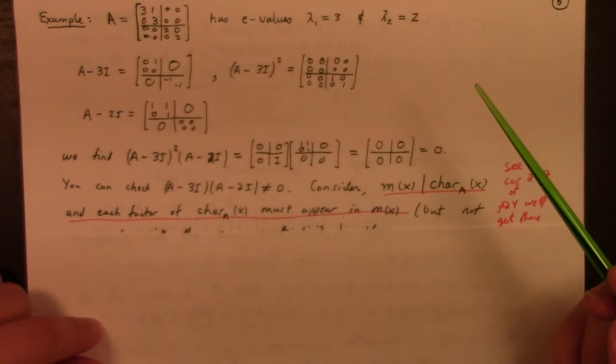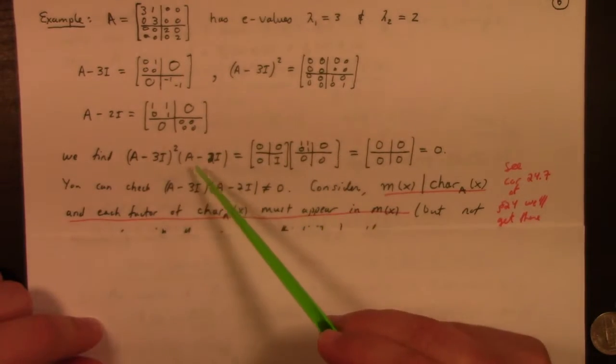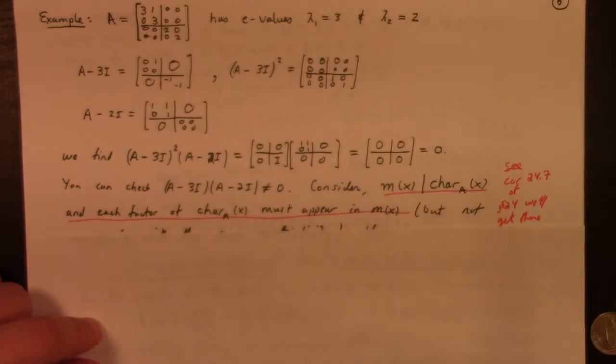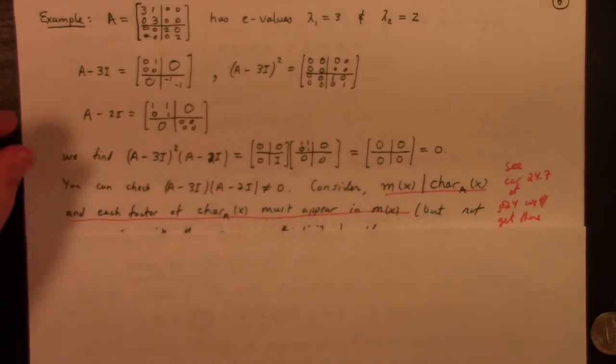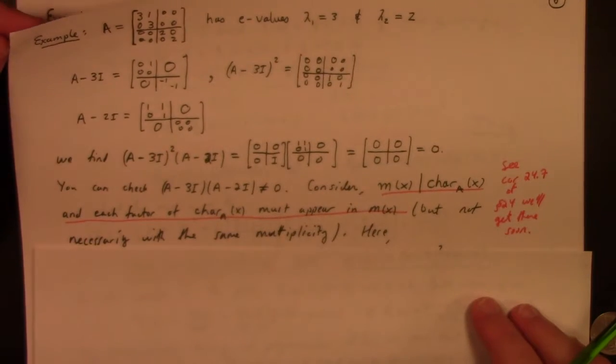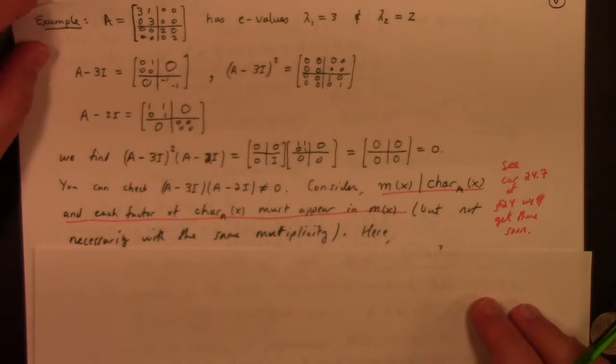And then the question is just how many of them you need. Well, this one you happen to need 2 of the x minus 3's and just 1 of the x minus 2's for the minimal polynomial. That suffices. The minimal polynomial is cubic, whereas the characteristic polynomial here is quartic. They're not the same thing. But they're related. They have to share the same zeros, all right? That's helpful.